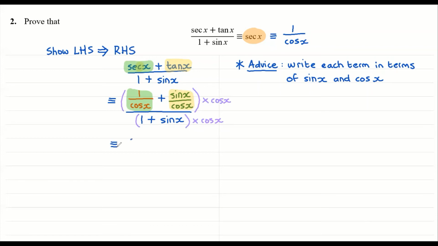So we're going to have cos x over cos x plus sine x cos x over cos x. That's multiplying both the fractions in the numerator by cos x.